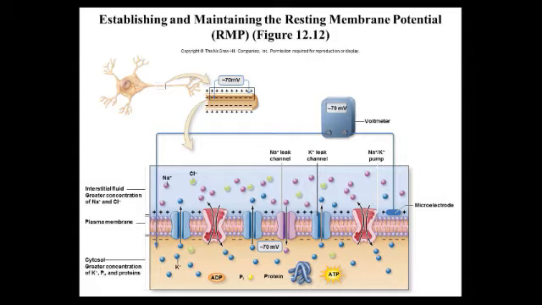Potassium goes to the outside, so it becomes more negative inside the cell. We call that a hyperpolarization. We could also accomplish a hyperpolarization by opening chlorine channels, and chlorine would move inside.